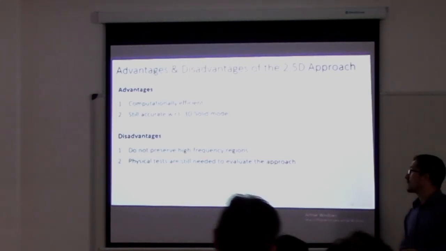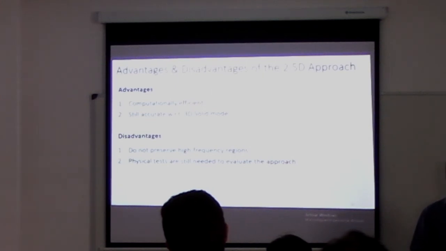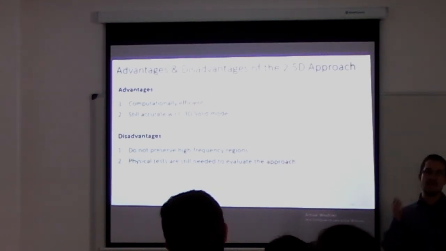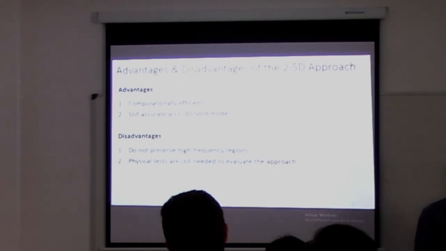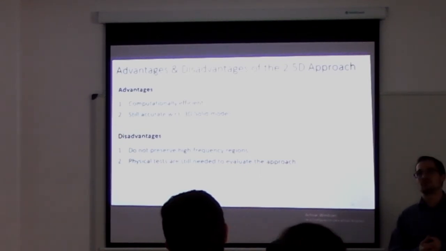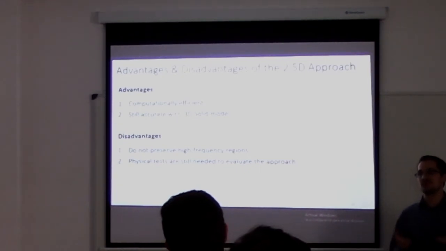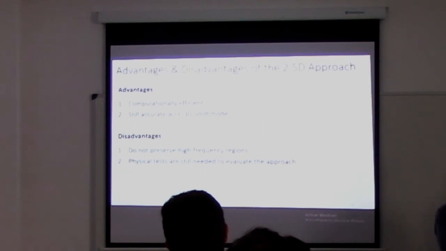And some of the disadvantages are that in the step of the modeling of the elephant with those Kelvin cells, we lose some information. The high frequency zones cannot be replicated, and the small details are also lost. And we also would like to have some laboratory experiments to be able to compare our approach back with real workpieces.